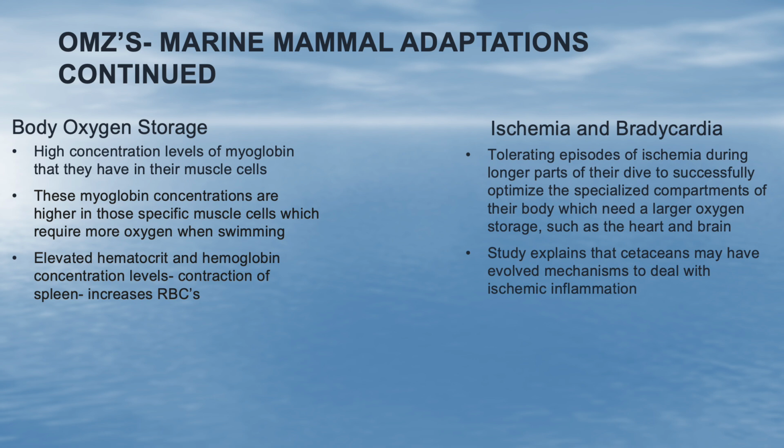Studies such as the one on pinniped skeletal muscle cells, which I will show a picture of in the next slide, really show that myoglobin plays an important role not only as an oxygen source, but also in the facilitated diffusion of oxygen through the muscle, especially under hypoxic conditions.